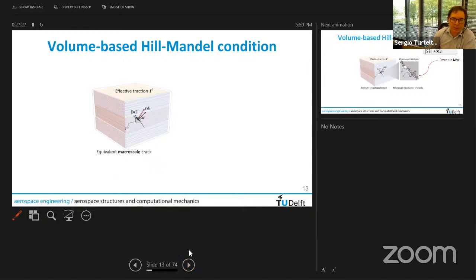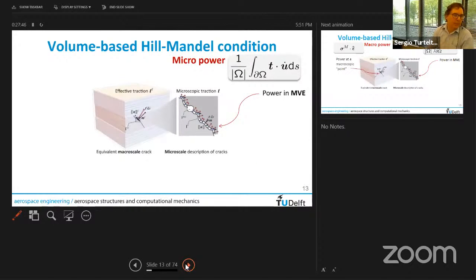In that case, if we look specifically at a region inside one of the plies, perhaps it might be a little bit too small on your screen, so I will make it a little bit bigger now. If we zoom in here, we have a given region, and in this region we may have a crack, and this is a very detailed description of a crack.